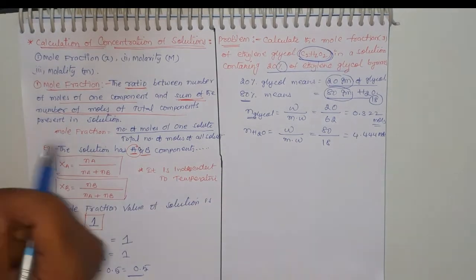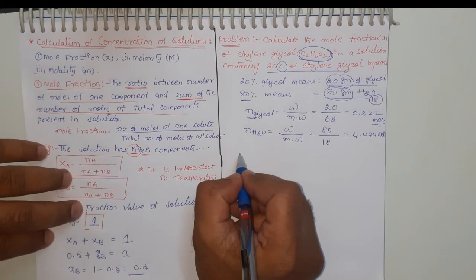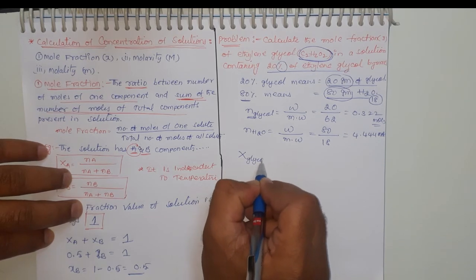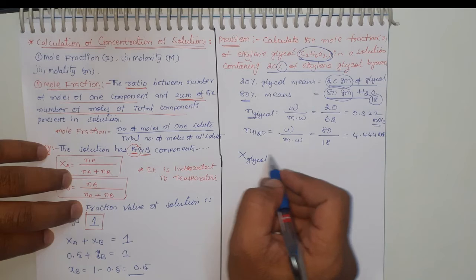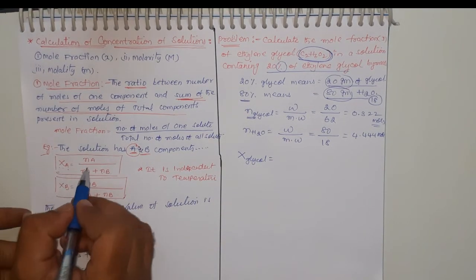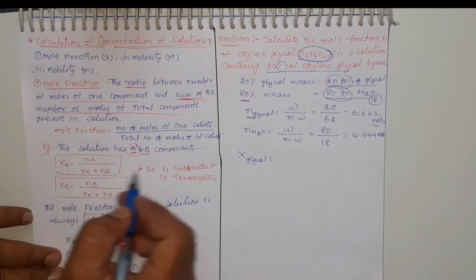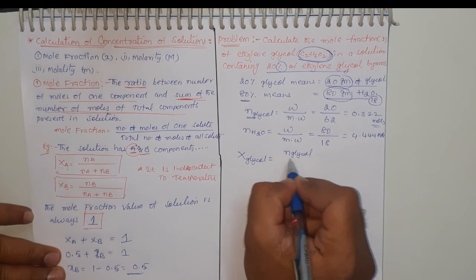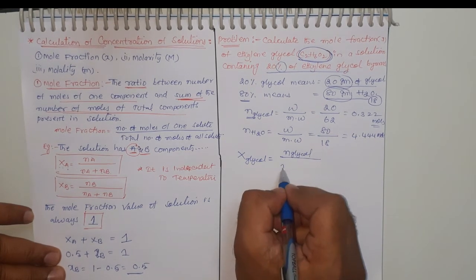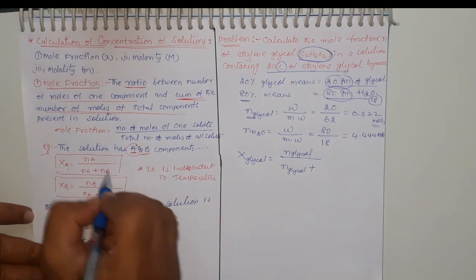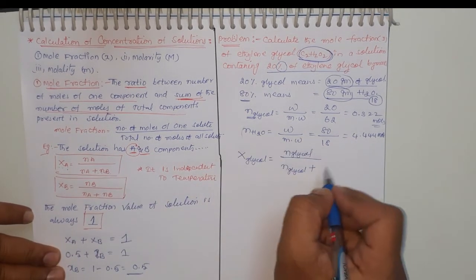Okay, now we find the mole fraction value of glycol. How do we find the mole fraction value? For example, XA is Na by Na plus Nb. Now, number of moles of glycol by number of moles of glycol plus number of moles of H2O.